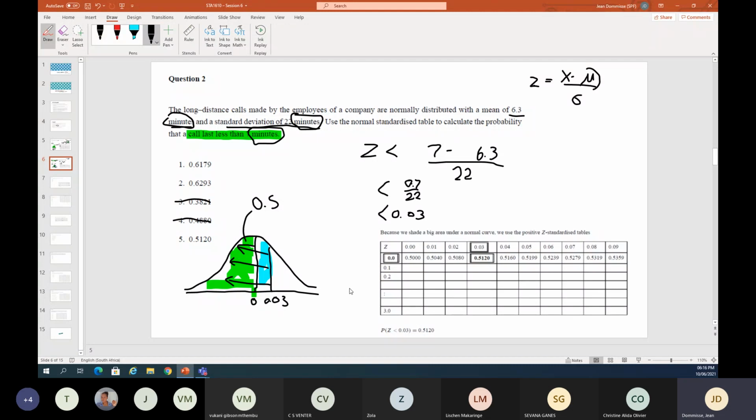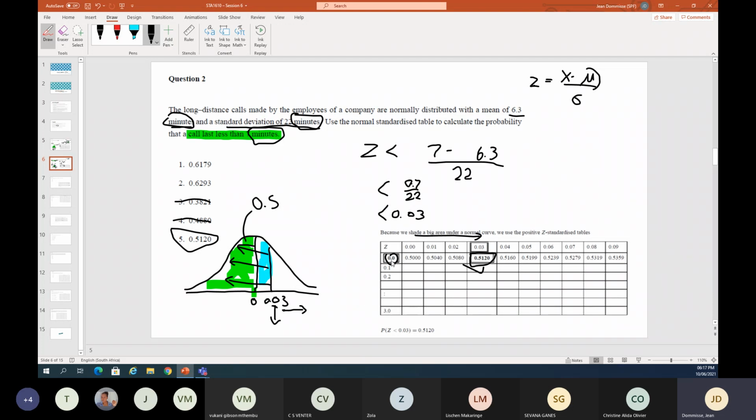So we will go to the table where it is 0. So that is the 0 and 3. So it is 1, 2, 3. So across to 0.03. There our value is 0.5120, which is option 5. So from the table, how I normally look at it is that the first number goes down, the second number goes across.